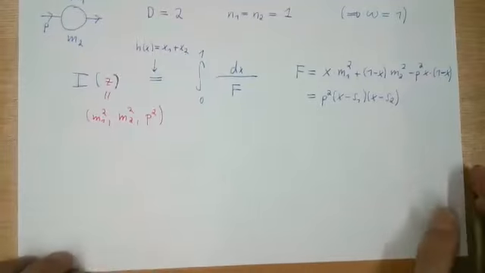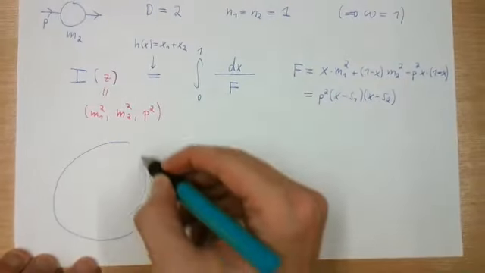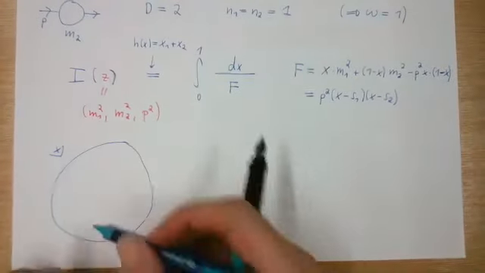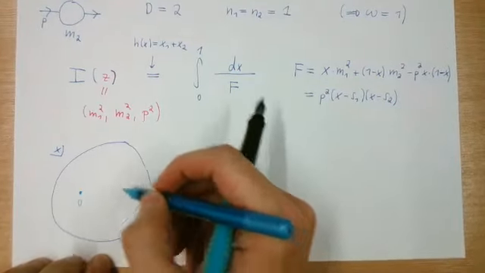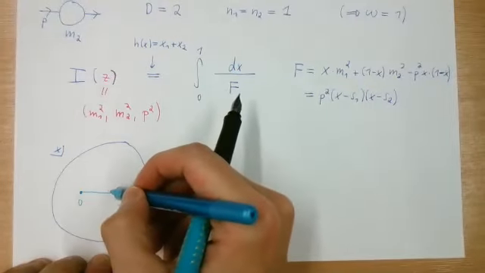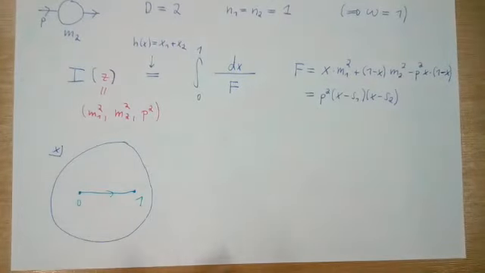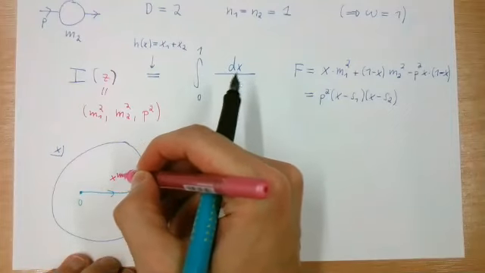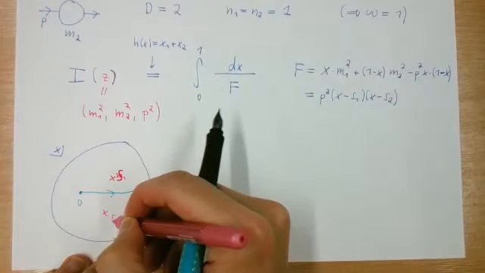And then how does the geometry of this integral look? When you look at the x plane, somewhere there's 0 and somewhere there's 1, and you're integrating from 0 to 1. This is your integration domain, the interval. And then somewhere, depending on what the actual values of the masses and momenta are, you have S1, and somewhere else you have S2.